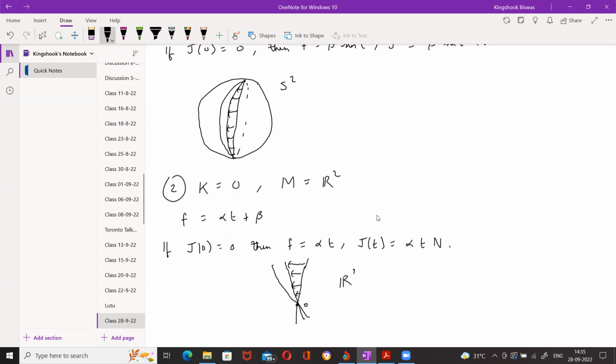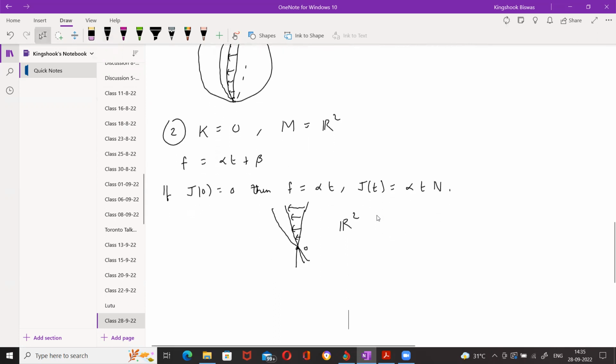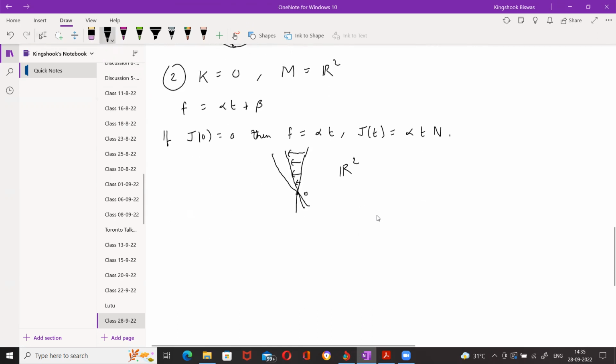Okay. And finally, what's the last example? K equal to -1. Then M is equal to H2, which we can take to be the unit disk.